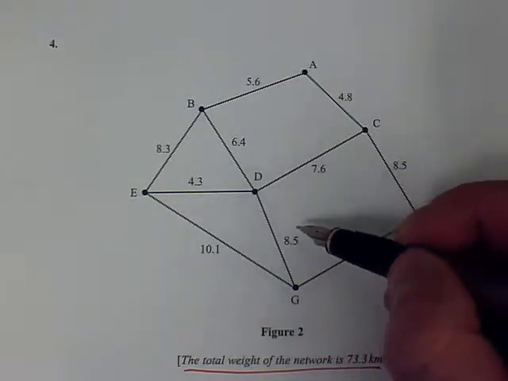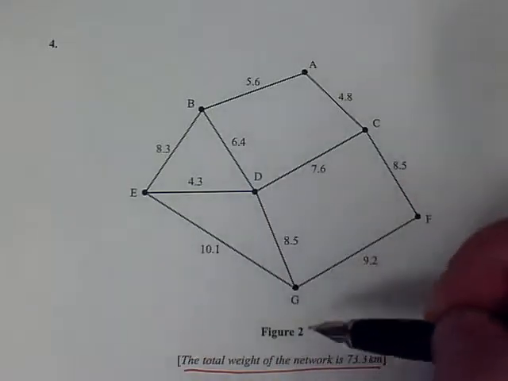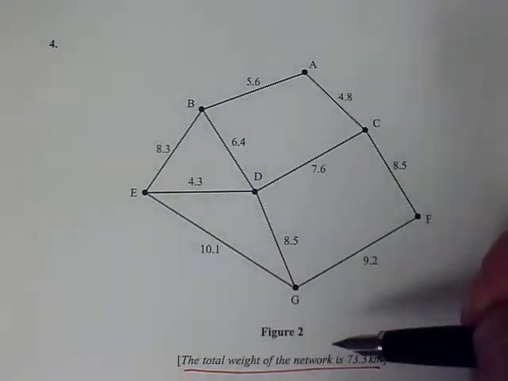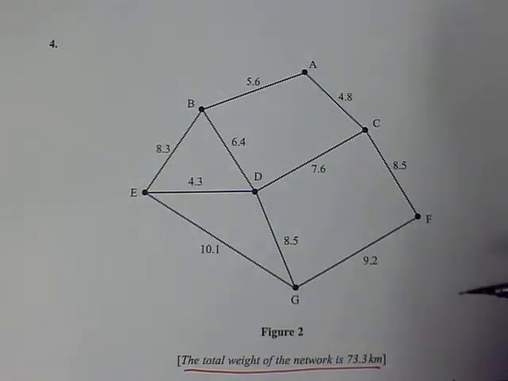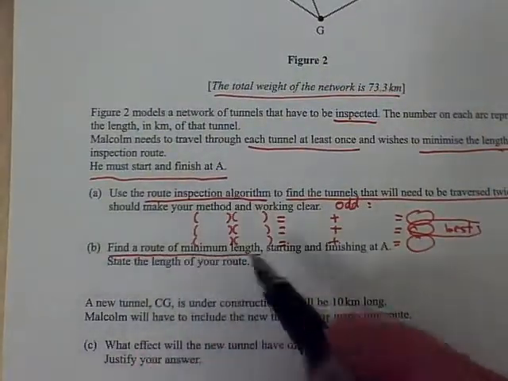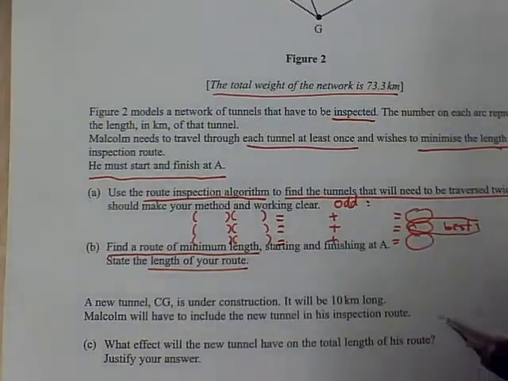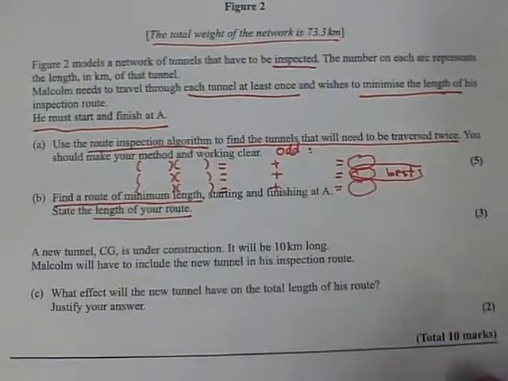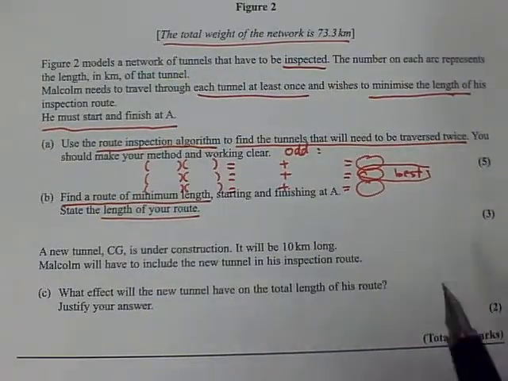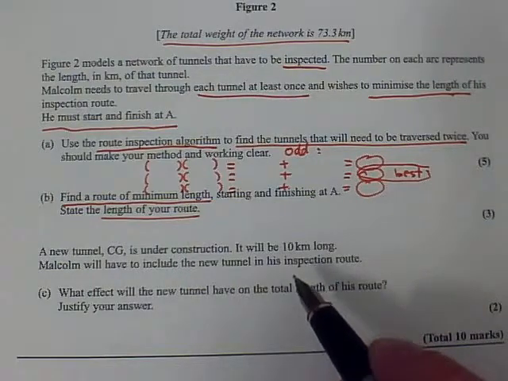So if you're repeating D to G, you'd be drawing an extra one on there, and then on your diagram, you use the extra edges you've added, as well as the ones that are originally there, and you write down a sequence of letters that works. So you have to do those 2 things in B: the minimum length route, state the route, and state the length of the route.